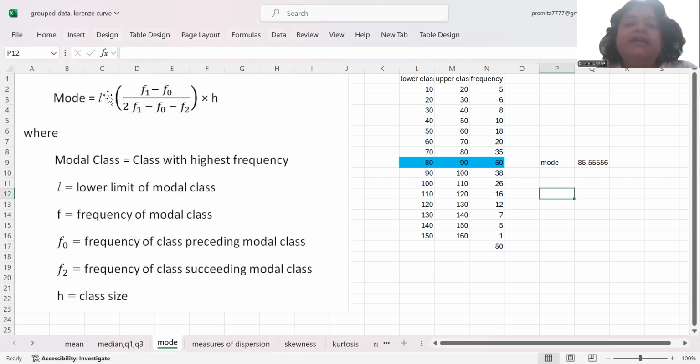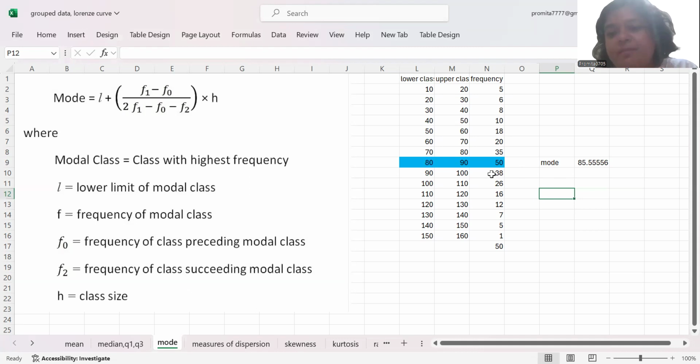Then we identify the lower boundary of the modal class, the frequency of the modal class minus the frequency of the class preceding the modal class, divided by 2 into the frequency of the modal class minus the frequency of the class preceding the modal class, and then the frequency of the class succeeding the modal class, multiplied by the class width.